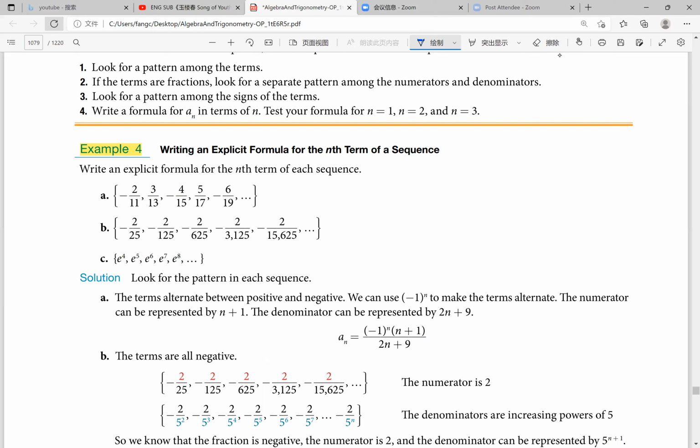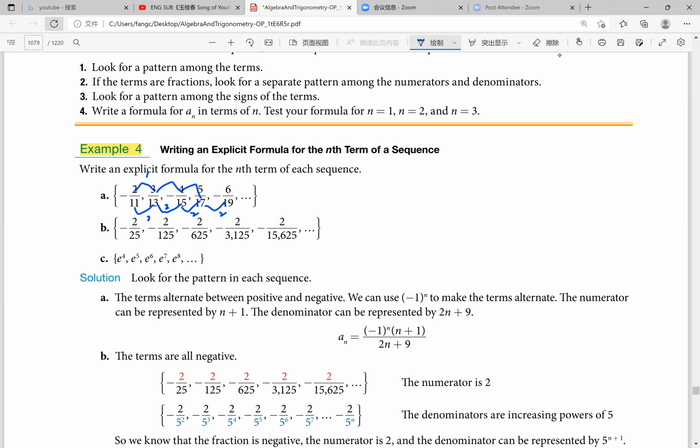For example, in sequence A, what is the rule? The rule for the numerator is that the difference of two adjacent numerators is 1. And what is the rule of the denominator? The difference of any two adjacent denominators is 2. So 2, 2, 2. So how to do it?